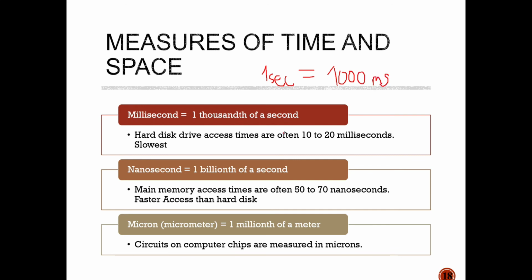So the hard disk drive takes about 10 to 20 milliseconds, and it's actually the slowest of your memory. So cache, which is the closest to your processor, has the fastest memory access time. Then there's RAM. There are different levels of cache as well, like a level 1, a level 2. Then there's RAM.